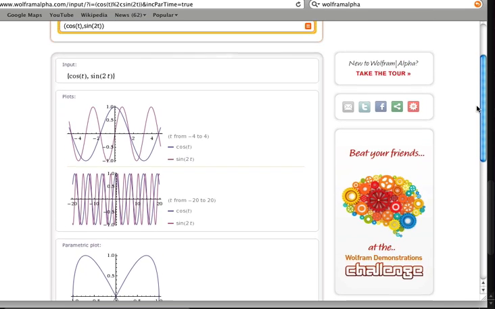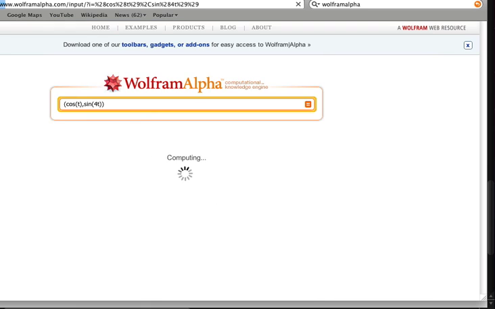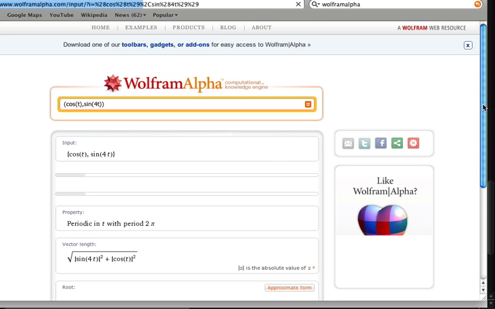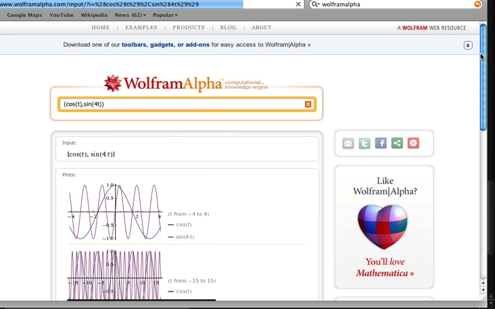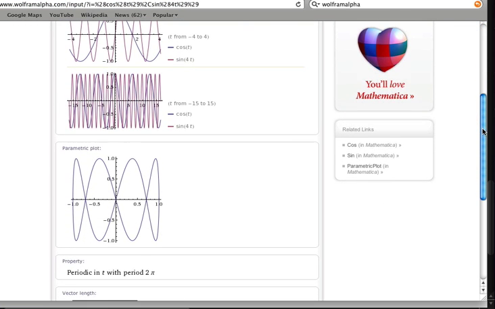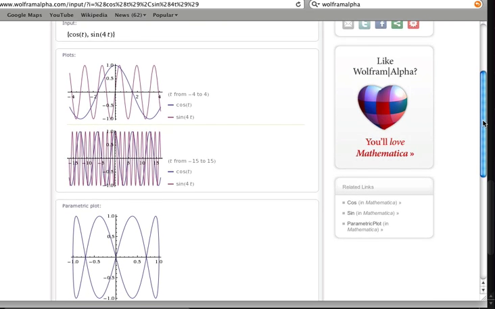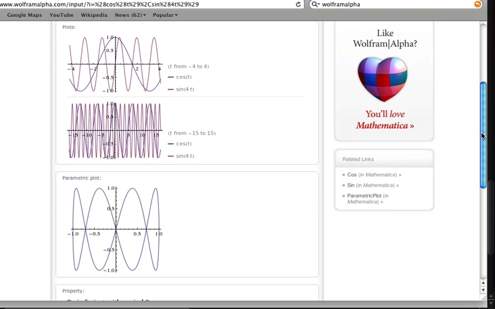So now we get to play. So let's do 4. What do you guys think that's going to look like? Oh, so even faster, right? So you get all kinds of crazy things. If you keep on adding higher, like if you add 8, it'll just add.